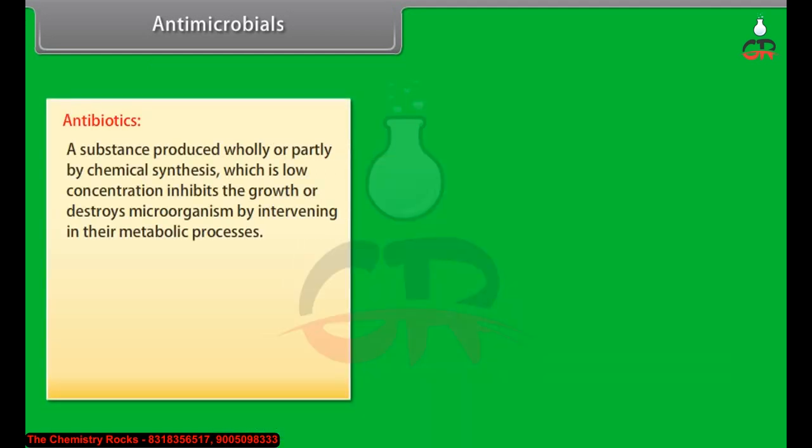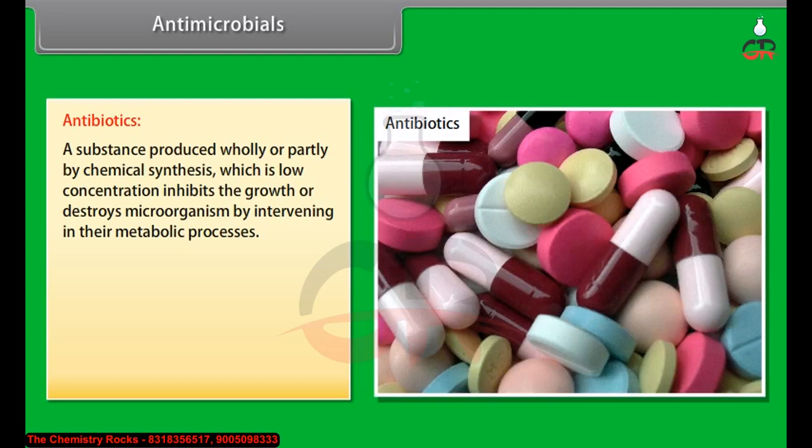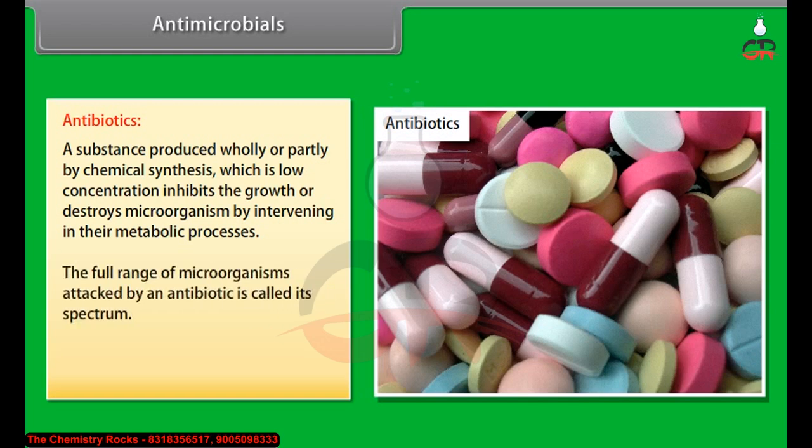A substance produced wholly or partly by chemical synthesis, which in low concentration inhibits the growth and destroys microorganisms by intervening in their metabolic processes. For example, penicillin, ampicillin, and streptomycin. The full range of microorganisms attacked by an antibiotic is called its spectrum.